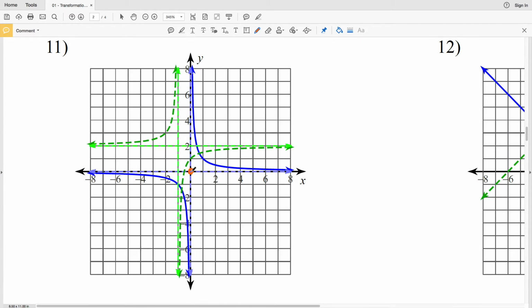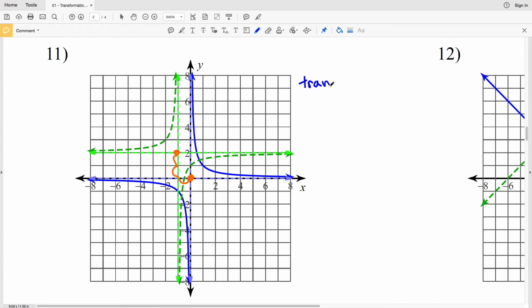So in order to go from f of x to g of x, we're going to move 1 unit to the left and 2 units up. So we're translating left 1 unit, and we're going to be translating up 2 units.